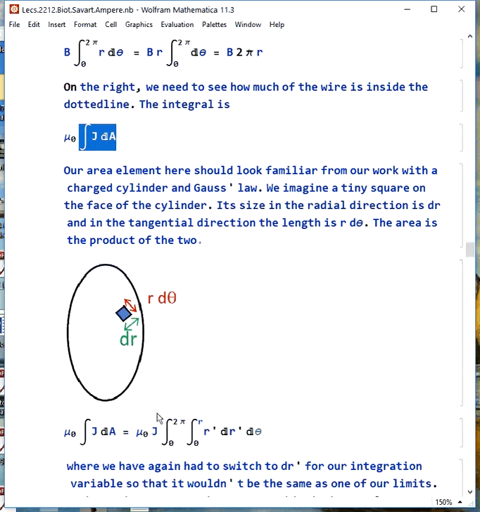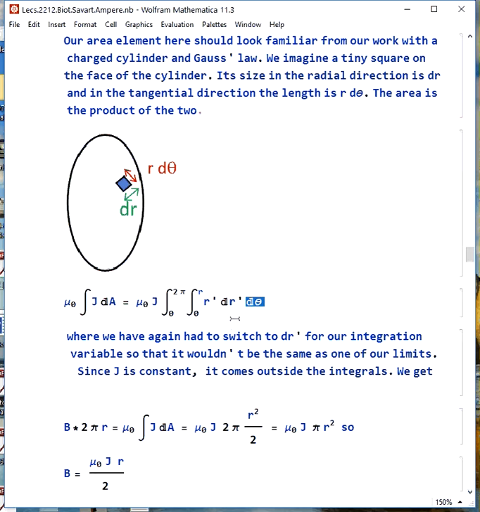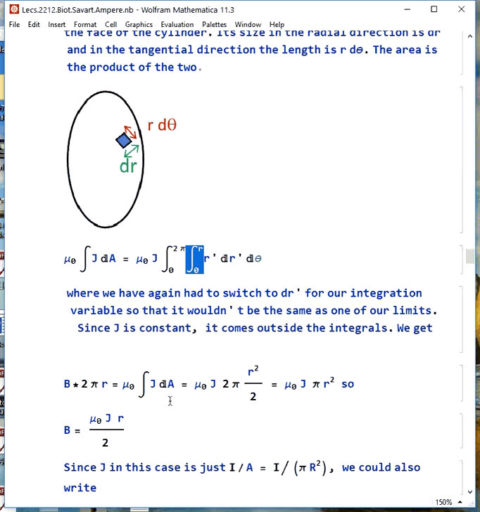The theta integral is just 0 to 2 pi, and there's nothing to integrate here. The r integral, the only thing we're changing here, we're changing this to r prime and dr prime because, again, the math people don't like it if your variable of integration is the same as one of your limits of integration. It's not professional.